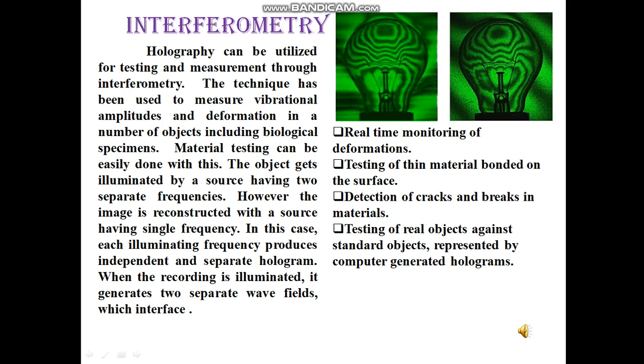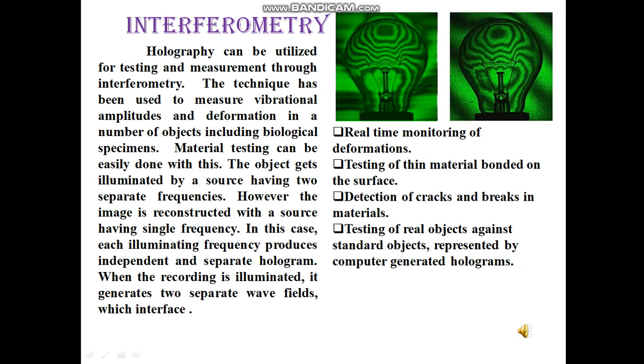The object gets illuminated by a source having two separate frequencies. However, the image is reconstructed with a source having a single frequency. In this case, each illuminating frequency produces an independent and separate hologram. When the recording is illuminated, it generates two separate wave fields, which interfere.